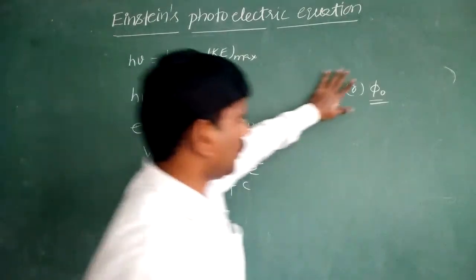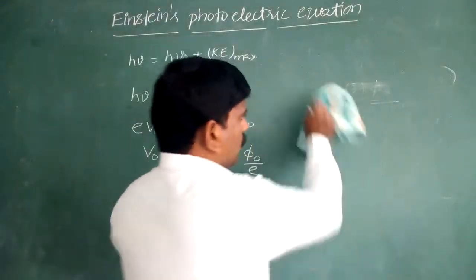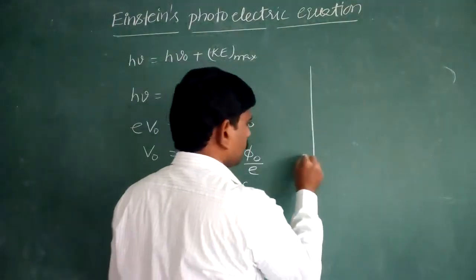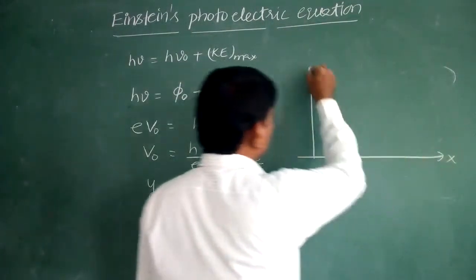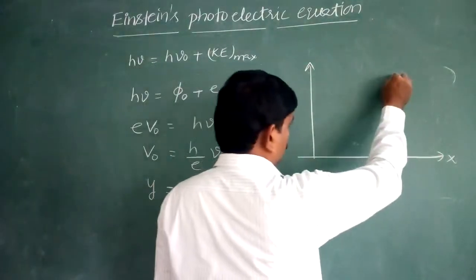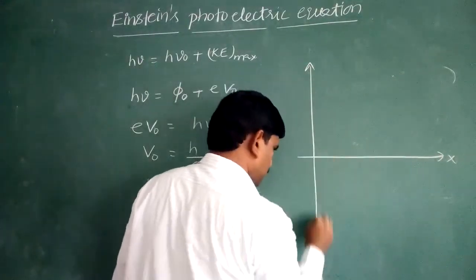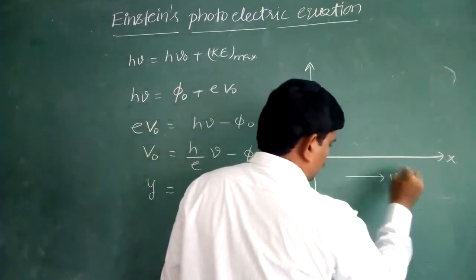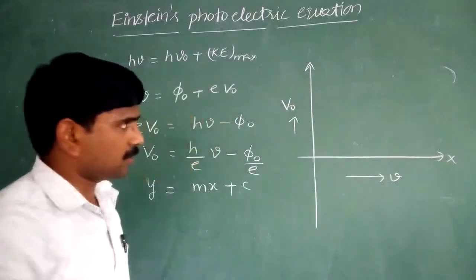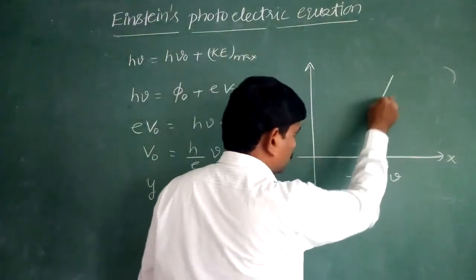So for this, if you draw the graph, observe. Take the frequency on the x-axis and stopping potential on the y-axis. We are getting the graph like this.